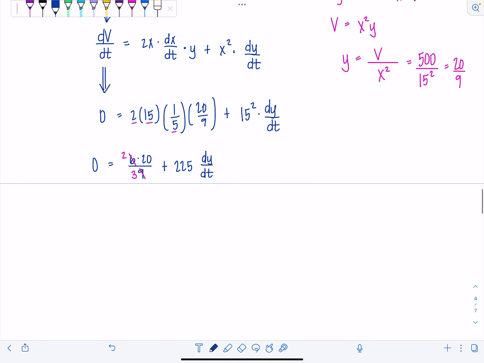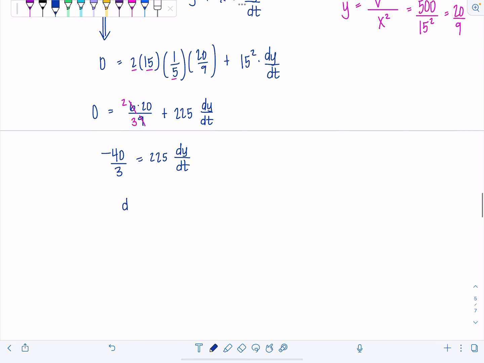So now I've got negative 40 over 3 equals 225 dy/dt. So dy/dt equals negative 40 over 3 times 225. And then that will reduce to negative 8 over 135 centimeters per second.